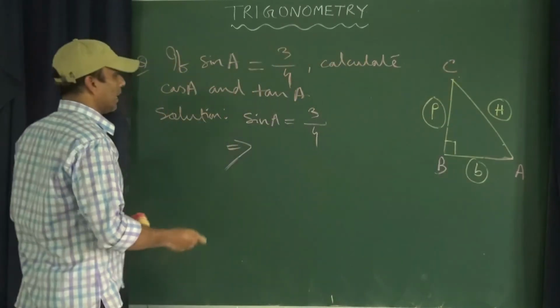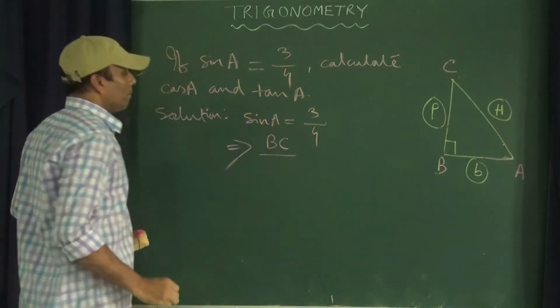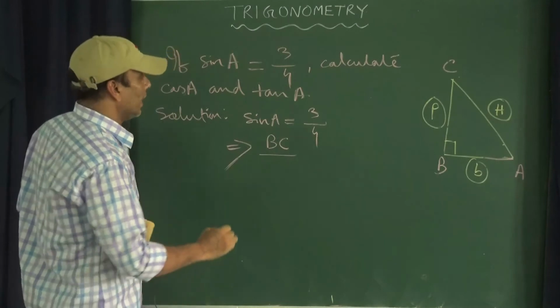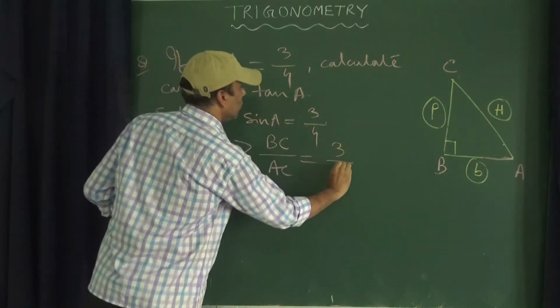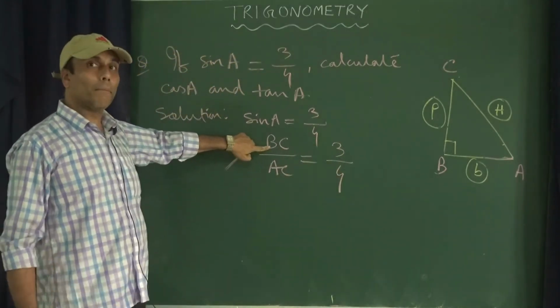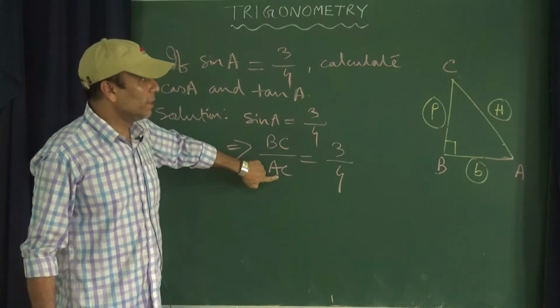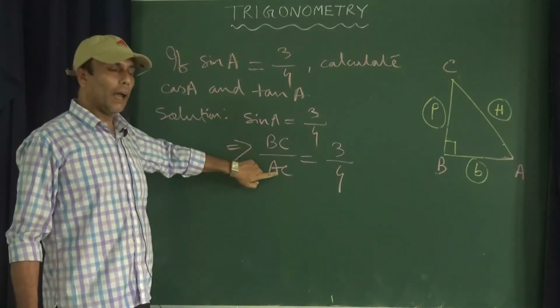So we will write in place of sin A as BC by AC, BC by AC equal to 3 by 4. Remember, BC means our perpendicular and AC means our hypotenuse.